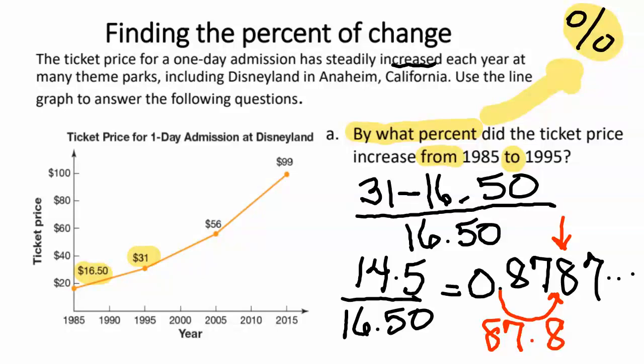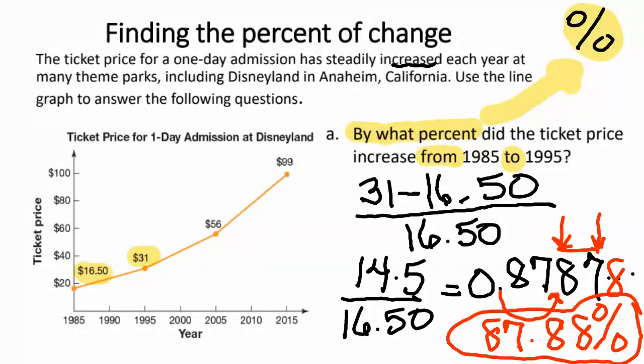Now, they may, because this is money, ask you to round off this 7, because remember it's 8787. But remember, I've got to have a percent symbol. 0.87878787. Move the decimal. I get 87.8.